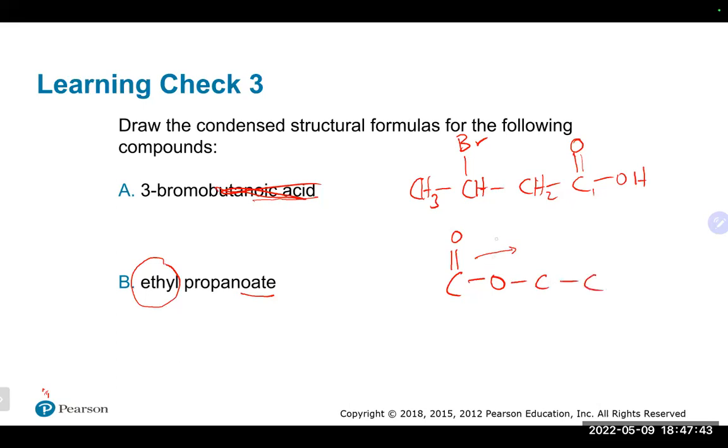Then going the other way is our carboxylic acid part, or the main part of the name, which is based off of propane, which should be 3 carbons. I want to remember, though, that I already have a carbon drawn there, so I don't want to draw 3 more to give me 4. I just need 3 total going that way. Now, just like everything else, we fill in our hydrogens. So that one needs 3, this one needs 2, that one needs 2, and that one needs 3. Any questions on any of those?